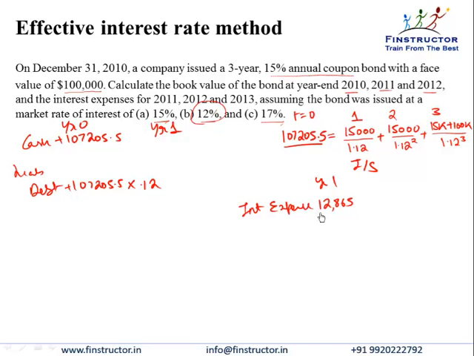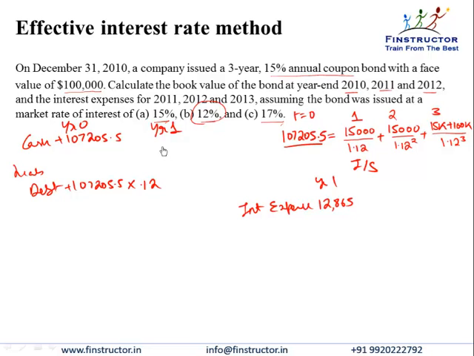Now, even though the recognized interest expense is only $13,000 approximately, we are actually paying $15,000 as cash. That is the coupon amount that we have agreed to pay every year. So you're recognizing an expense of $12,800 and you're repaying $15,000. The additional amount that you're paying over and above the required interest expense will contribute to reducing your liability.